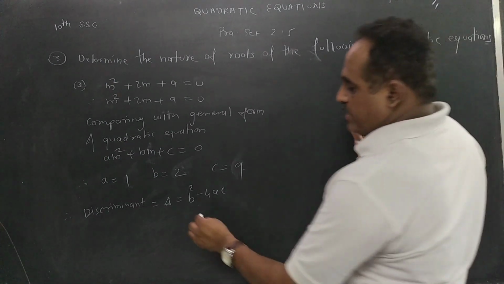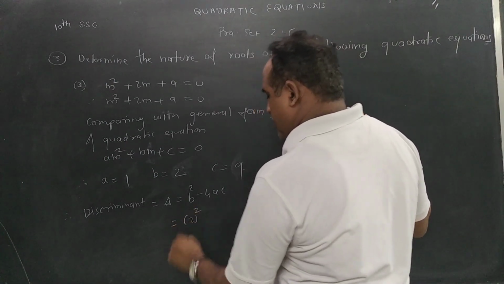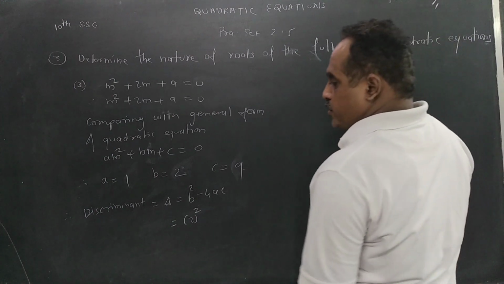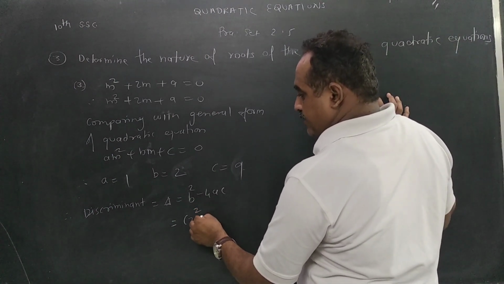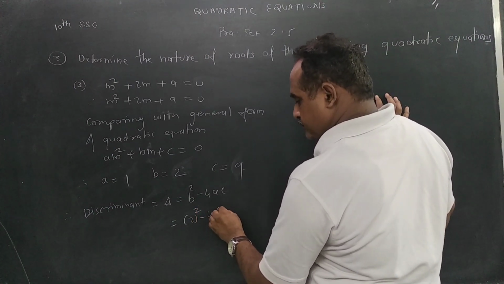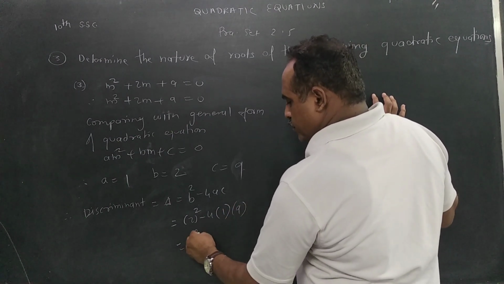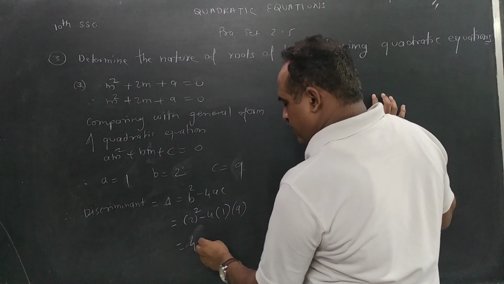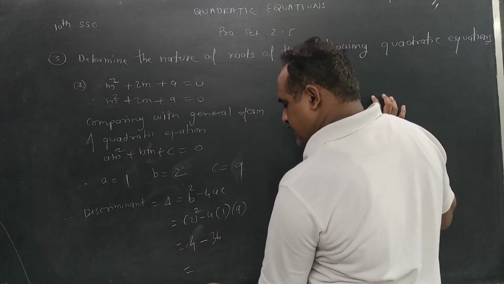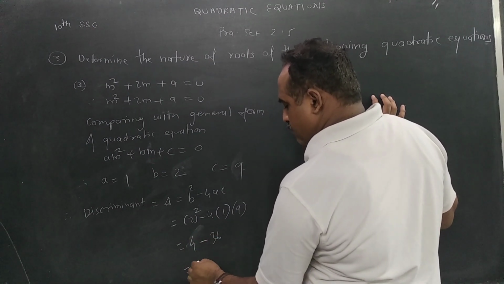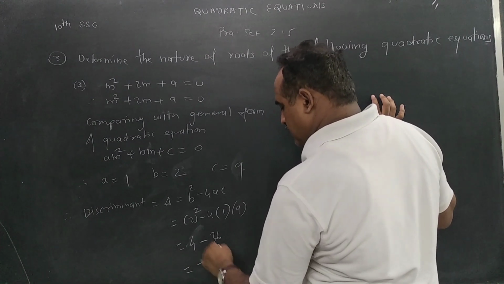So what is the value of discriminant now? 2 square is there, then minus 4 into 1 into 9. So 2 square is nothing but 4, minus 36 is actually minus 32.